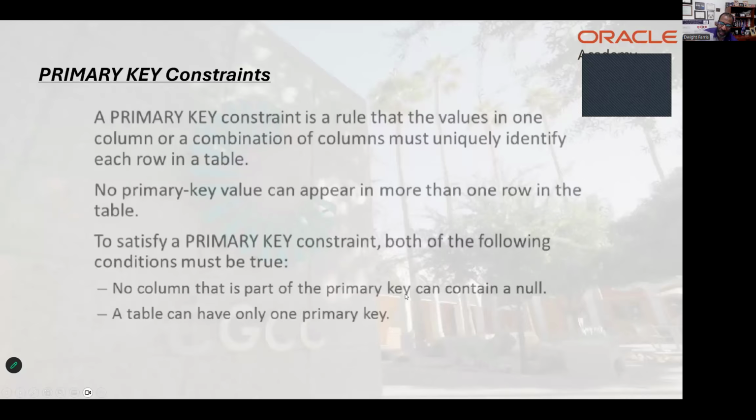So the primary key constraint is a rule that is usually values in one column or a combination of columns, and I talked about that briefly. No primary key value can appear in more than one row, so it is kind of the index of your records in your rows. No column that is part of the primary key can contain a null.